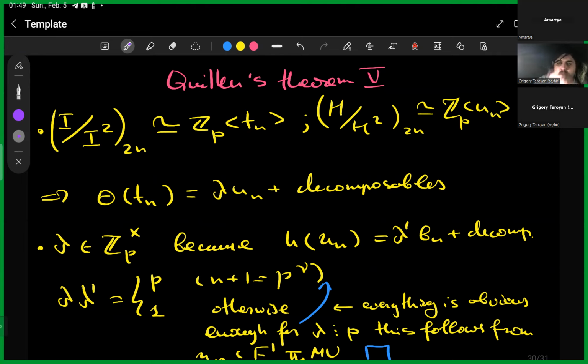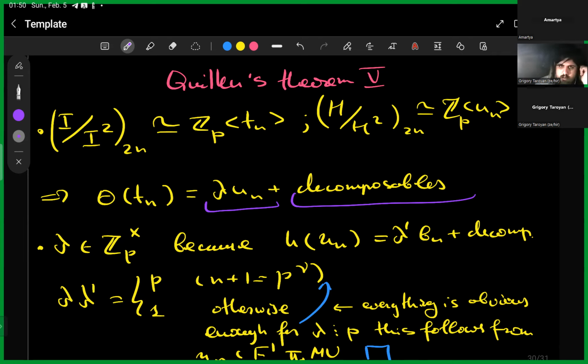So in particular, in degree 2n, it is just a free module spanned by Tn or Un, if we consider homotopy groups of MU. And we know that theta of Tn is equal to lambda Un plus some decomposables. So what we need to show to see that theta is an epimorphism is that lambda is a p-adic unit.